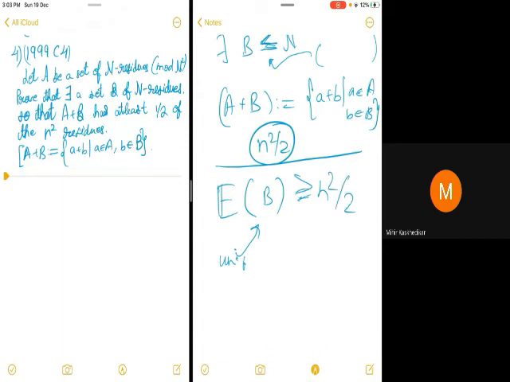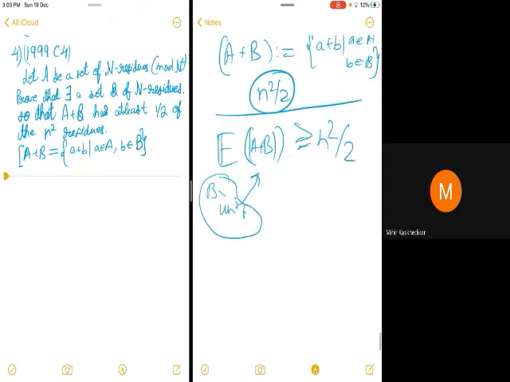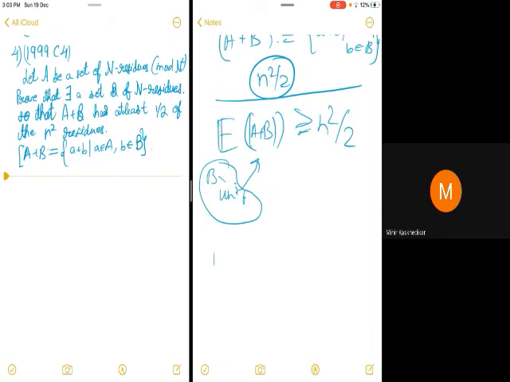Then we will have shown that there exists such a B. In general, we can take B to have any distribution, but usually we only care about the uniform distribution because it's easy to compute.